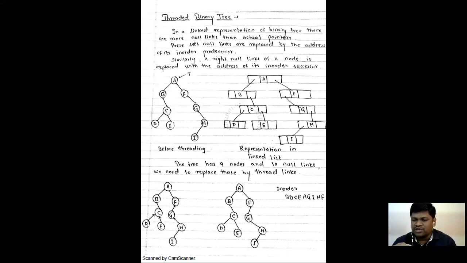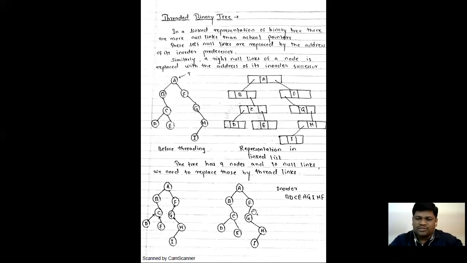Whatever address we are storing here is called a thread link. But how to distinguish the thread link from the normal pointer? Now we need some notation here. Is it possible to identify them otherwise?